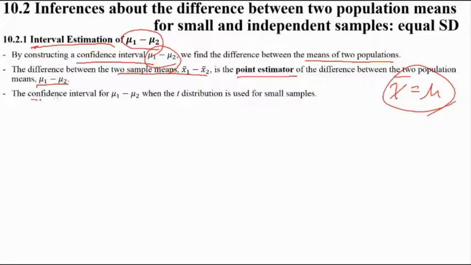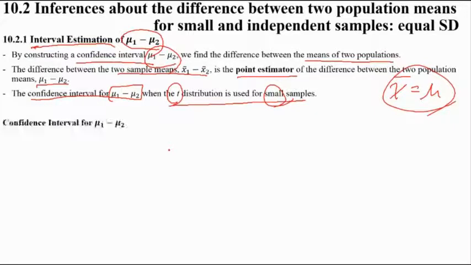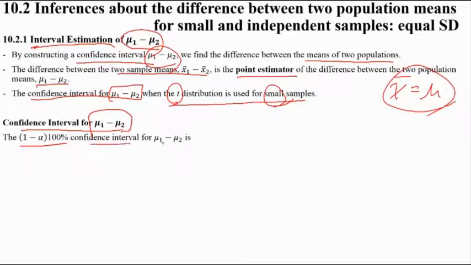Alright, so the confidence interval for mu1 minus mu2 uses the t distribution with small samples. We already know when you're using a small sample, t distribution, large sample, z distribution. So how can you find the confidence interval for mu1, mu2? The significance level is given.